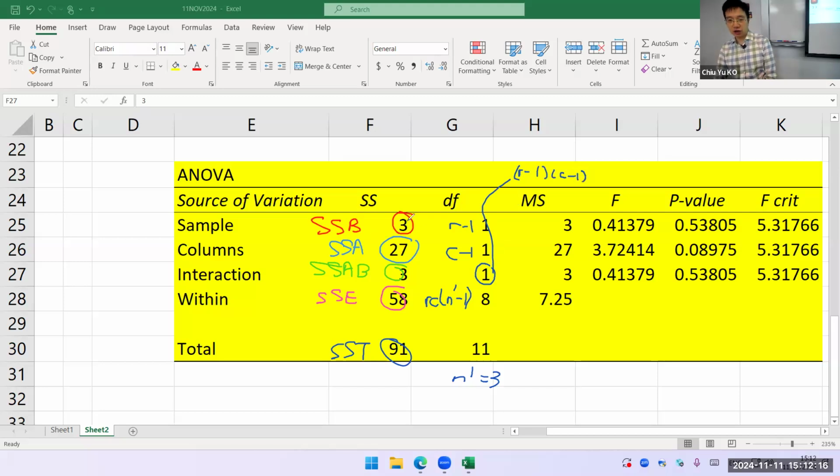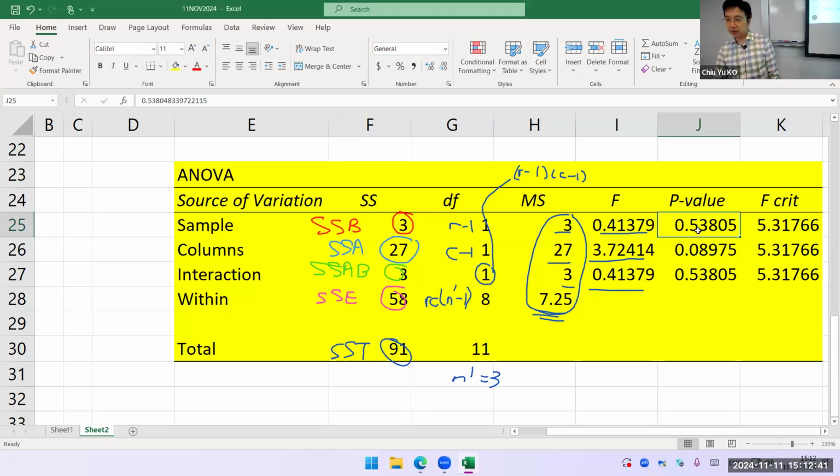right? And this column over this column, F divided by column G, is the column H, right? If you divide this by this, it gives you this one. Divide this by this, it gives you this one. And finally, that's how you calculate this number.